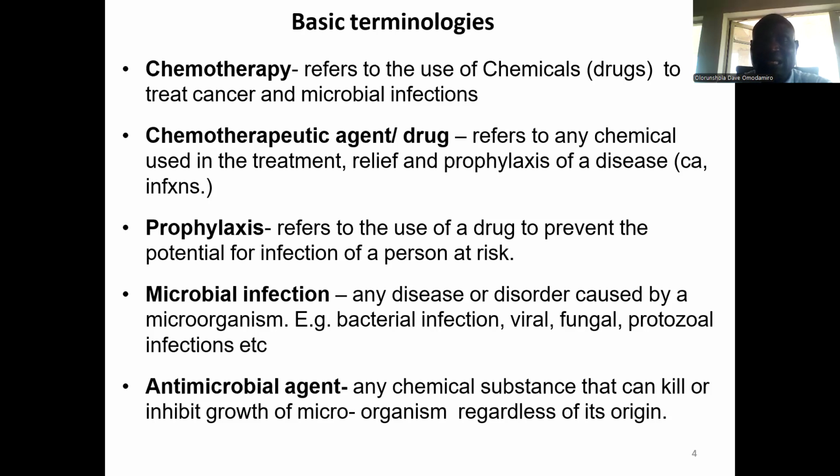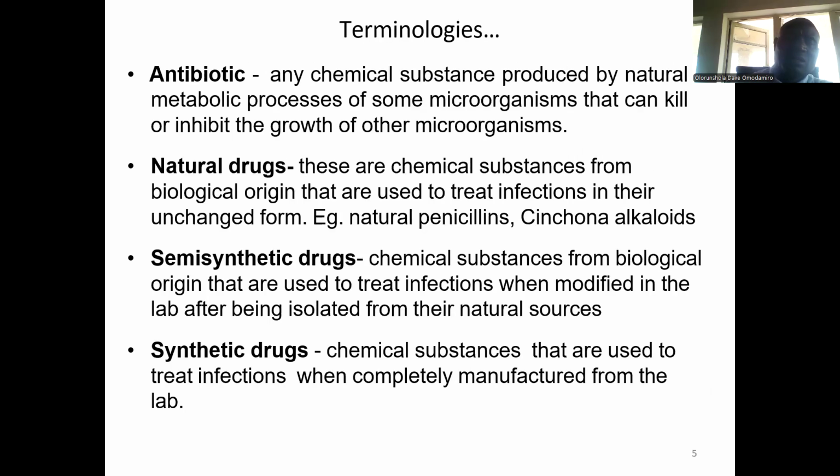What is an antimicrobial agent? An antimicrobial agent is any chemical substance that can kill or inhibit growth of microorganisms, regardless of origin. The next terminology that begs for an answer is antibiotic.